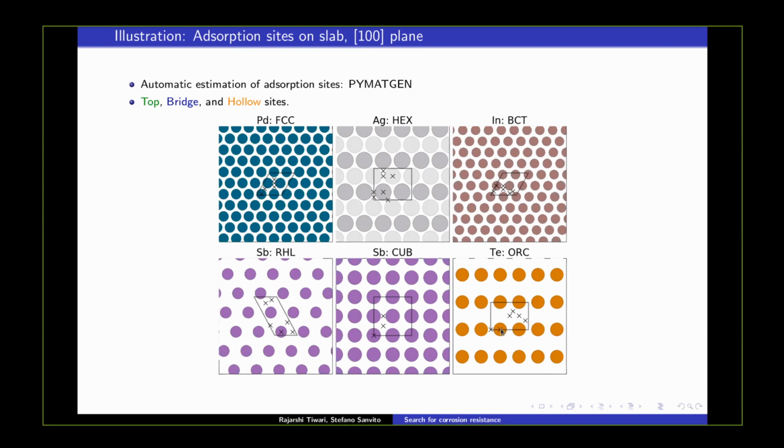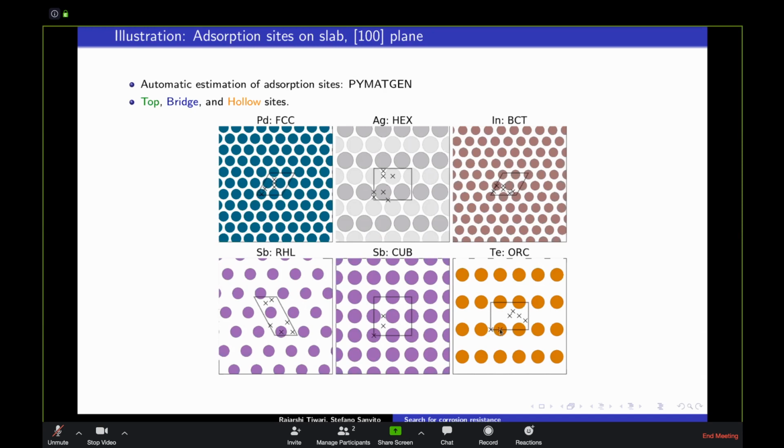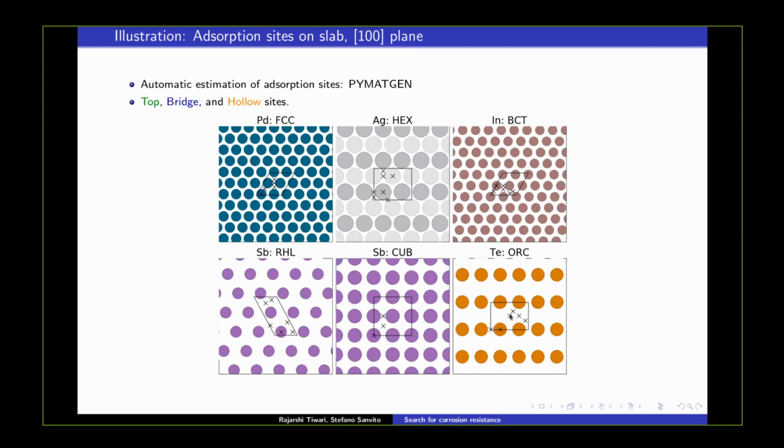If you put an adsorbate just on top of the site, that's the top site. If you put an adsorbate between two sites along the straight line at a certain height, that's a bridge site. And if we have an adsorbate which is away from all the straight lines, in a hollow location, it's a hollow site.